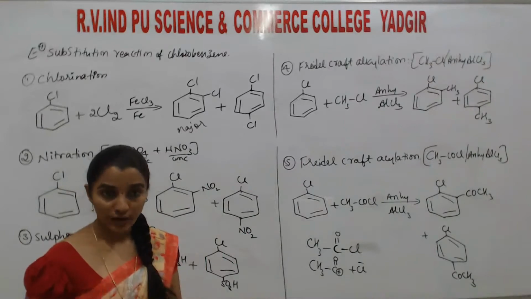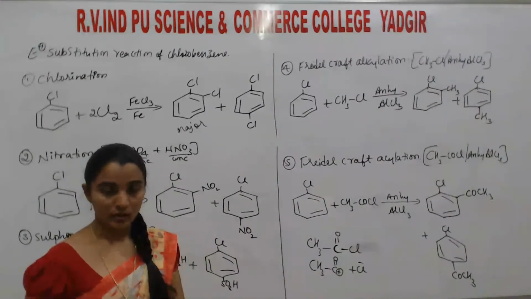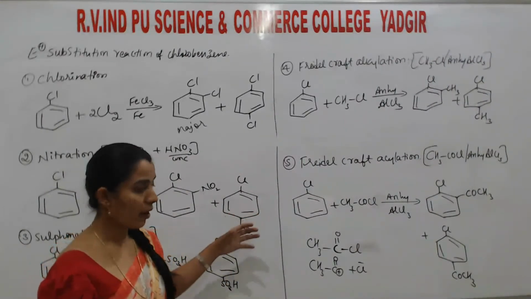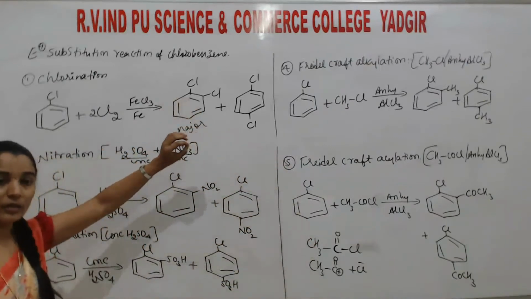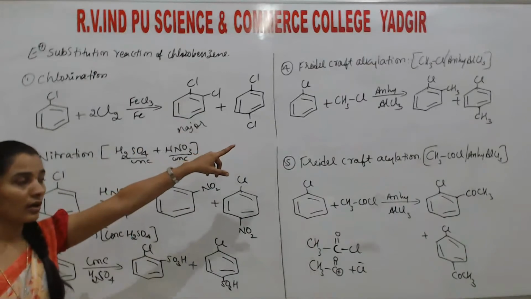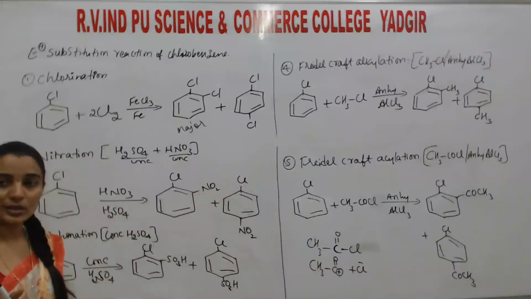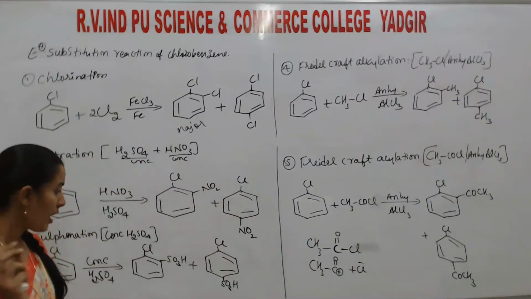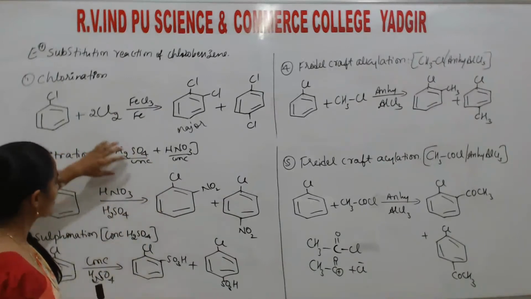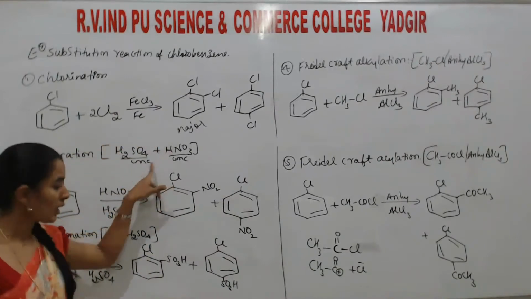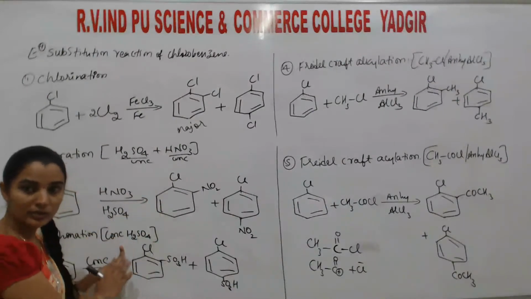The electrophile, how it is generated. If you know how the electrophile is generated, then always the product formed in this haloalkane and haloarene is ortho and para, in that the major is ortho substituted. And remember, in every reaction, nitrating mixture means this only. Sulfonation means only this is the reagent.